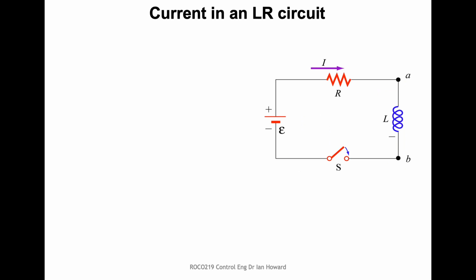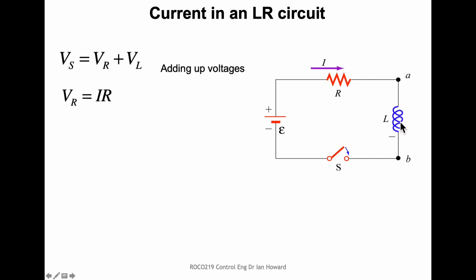We can also think about the current in another simple circuit, an inductance in series with a resistance. Here we again have a voltage that's going to drive this circuit. We have a resistance R, an inductance L, and then we're going to switch it on at time equals 0. Again, we can add up the voltages across the resistor and the inductor, and we substitute in for current.